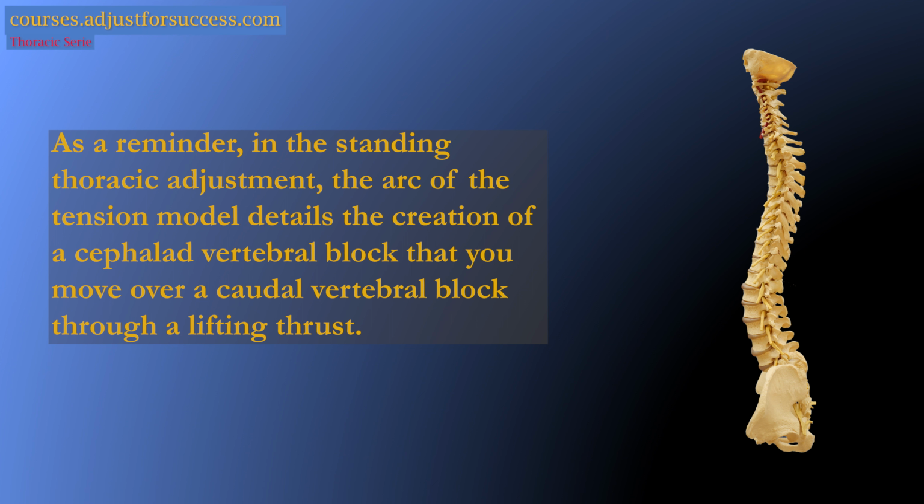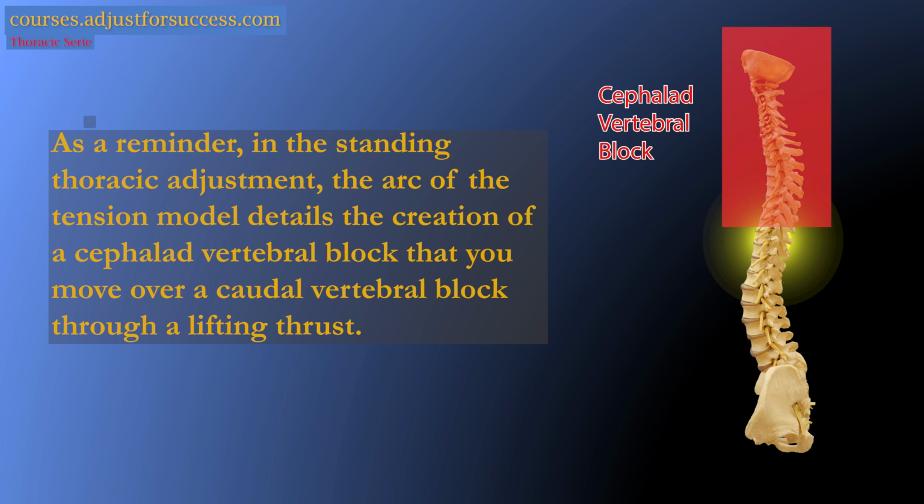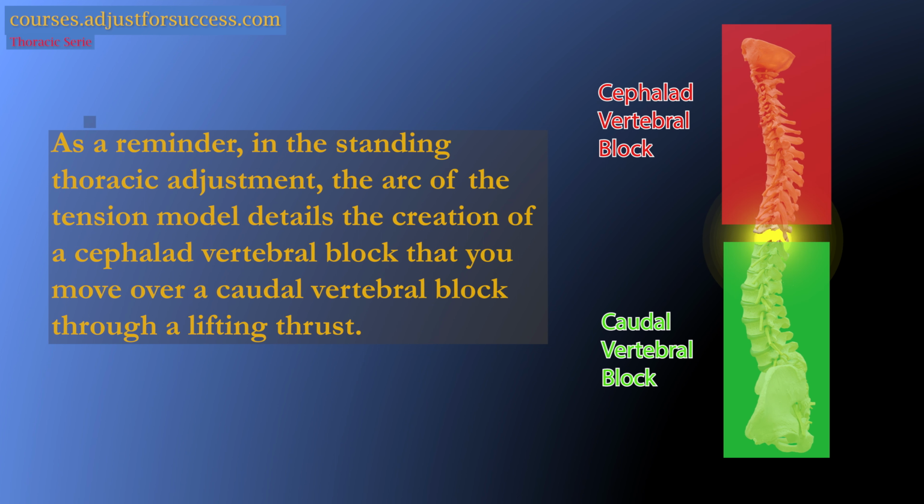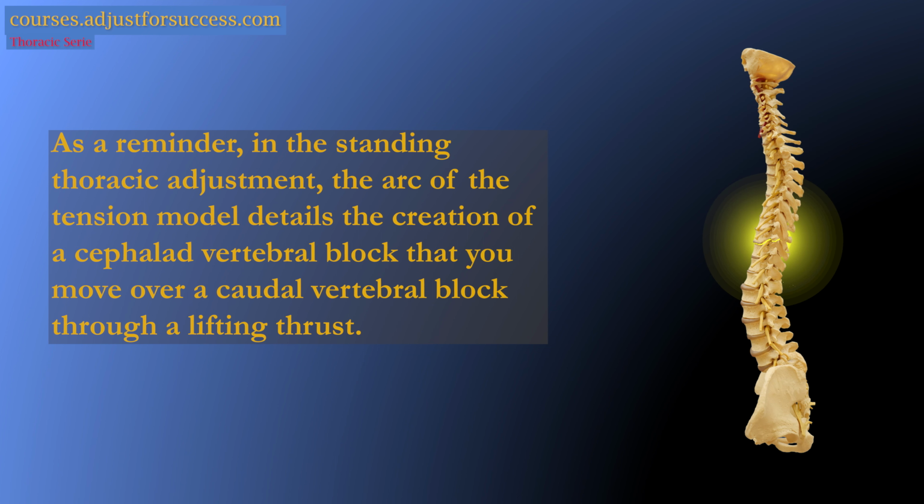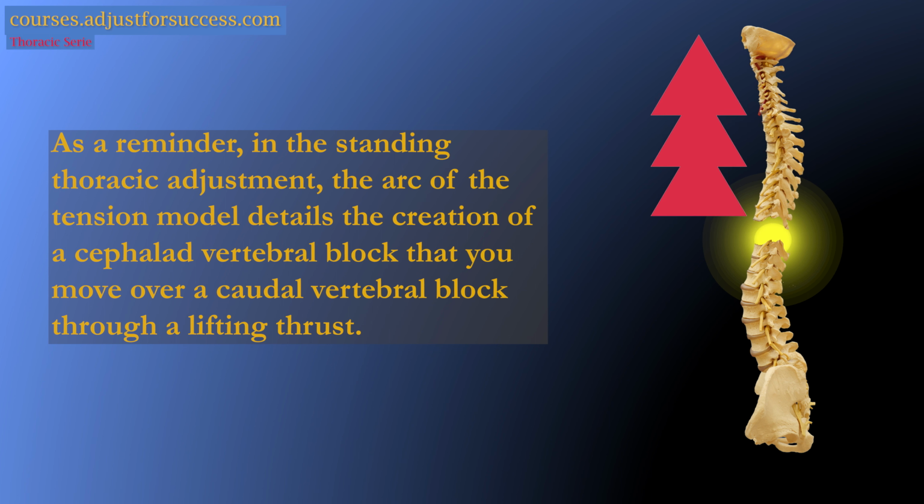As a reminder, in the standing thoracic adjustment, the arc of tension model details the creation of a cephalad vertebral block that you move over a caudal vertebral block through a lifting thrust.